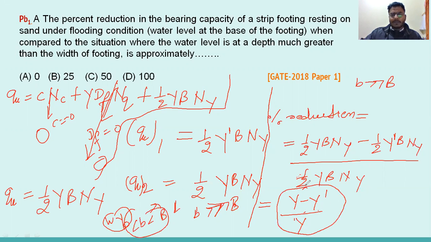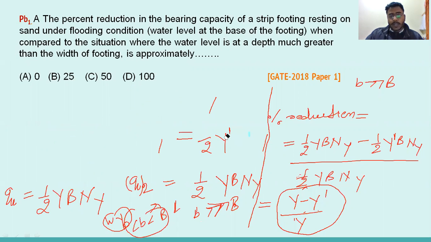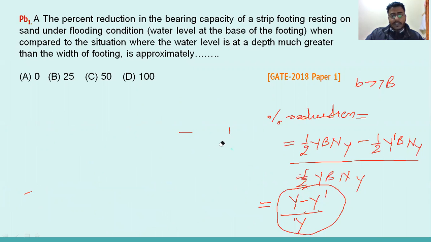There is a little assumption that the bulk density of soil is 2 times the submerged density of the soil, right? So this question's answer is based on an assumption, which is a very common assumption: that gamma submerged is half of bulk.